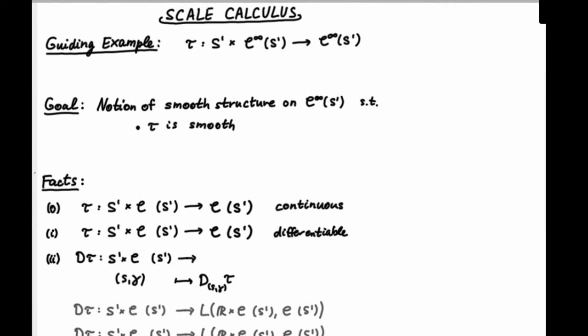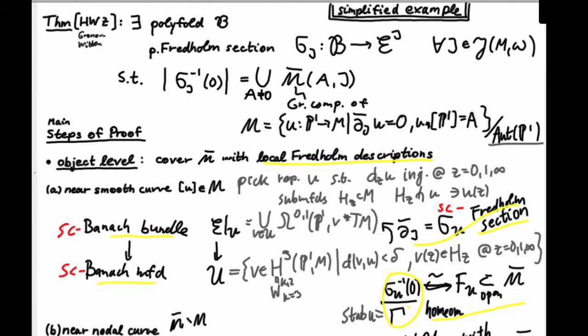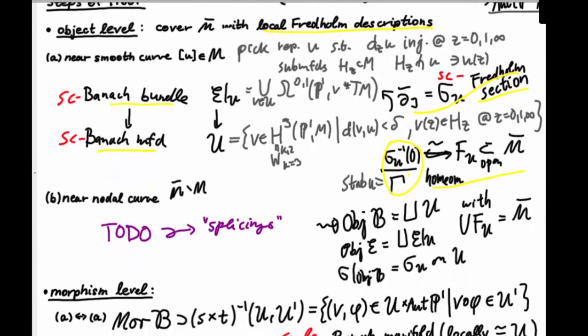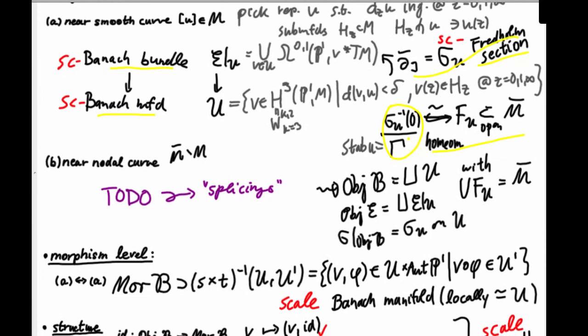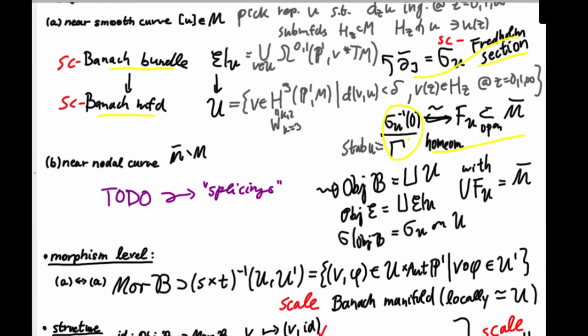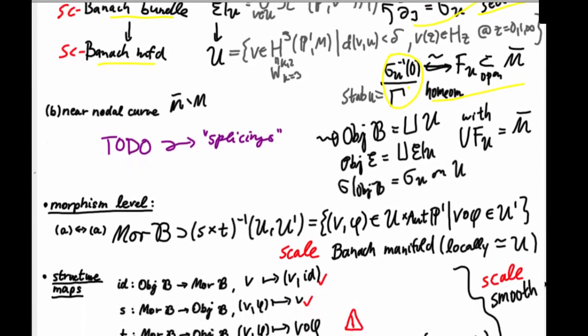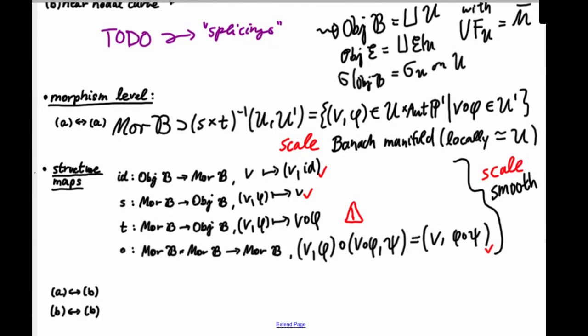Right. Oh yeah, and just in terms of advertisement, right? So I said, when we introduce nodal curves, we're going to need to introduce the notion of splicings, and when we're now pushing on morphism level to include the nodal curves, we're going to need to also say what scale smooth maps between splicings are.